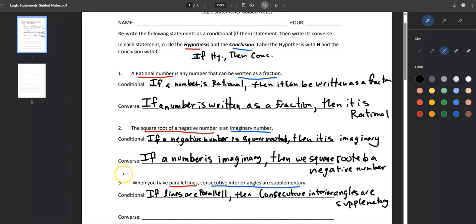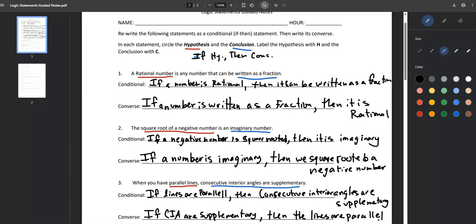Just flip those things around. Okay, and then this third one here, again, I'm starting with if. So if consecutive, and I'm just going to go CIA, so consecutive interior angles are supplementary, then the lines are parallel. Like so.